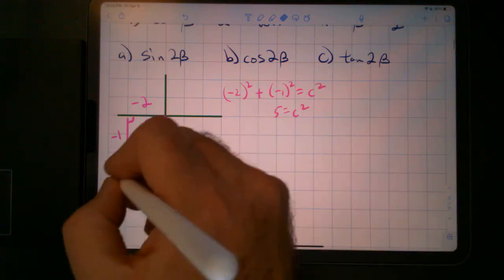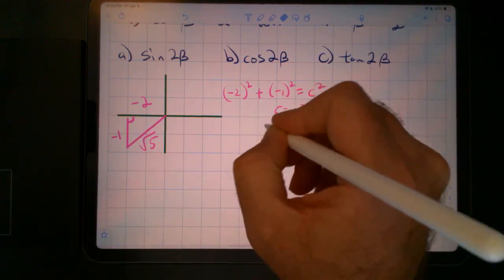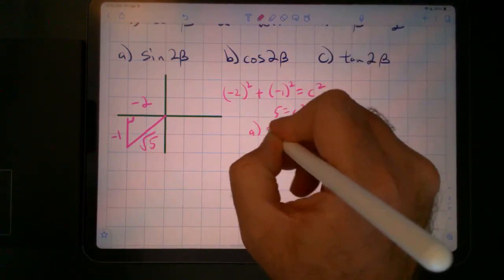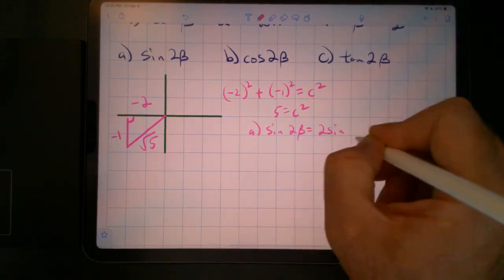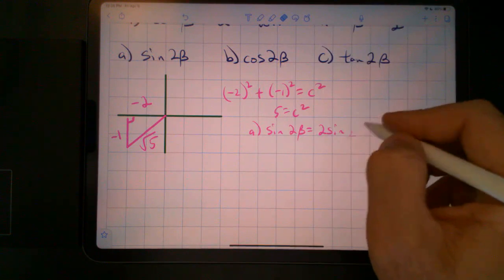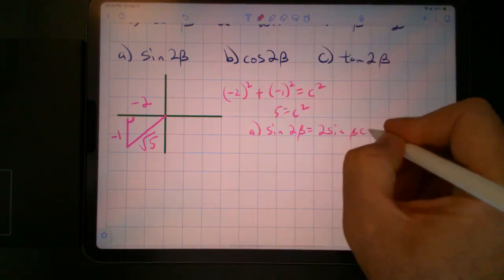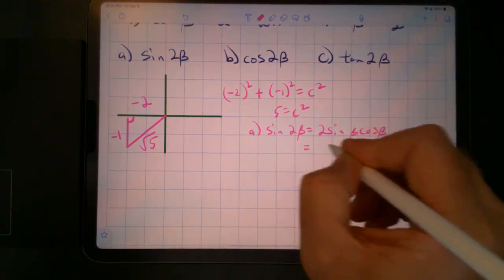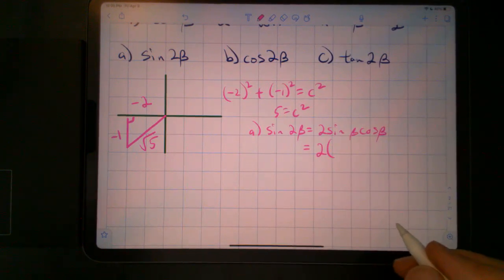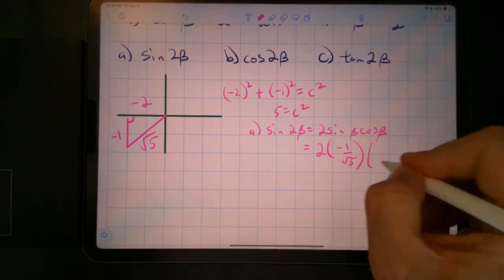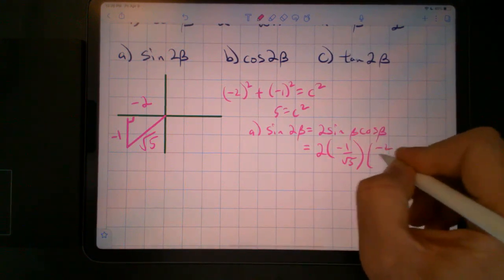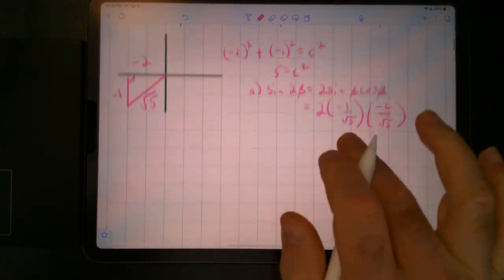So if we need to find sine of 2 beta, it is equal to 2 sine beta cosine beta. This is going to be 2 times sine beta, which is negative 1 over radical 5, times cosine beta, which is negative 2 over radical 5.